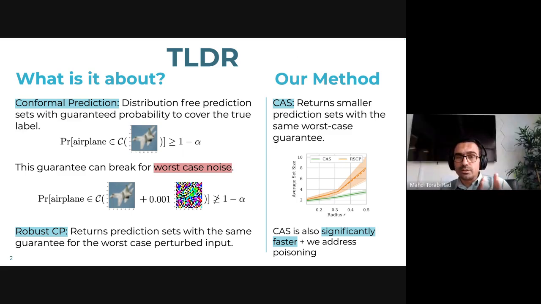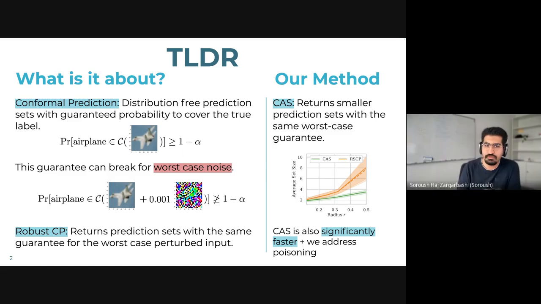So, did I get this right, that the guarantee will not break if the noise is IID? It will only break if the noise is designed in a special way. No, it could also break if the noise is IID. But there are easier methods, like methods based on quantile of quantile, that also try to address random noise. But then the probability is also over the noise.